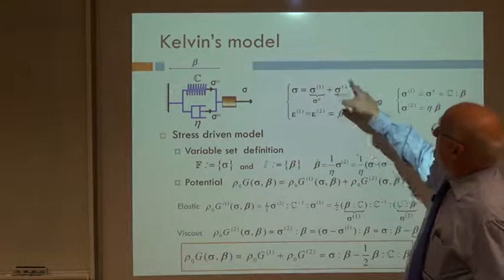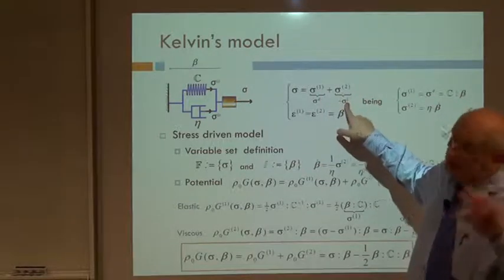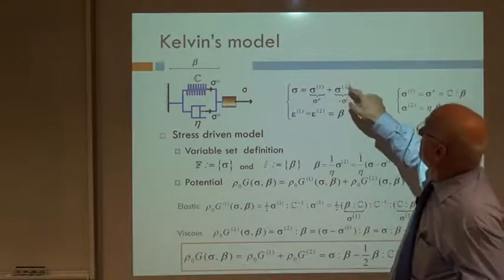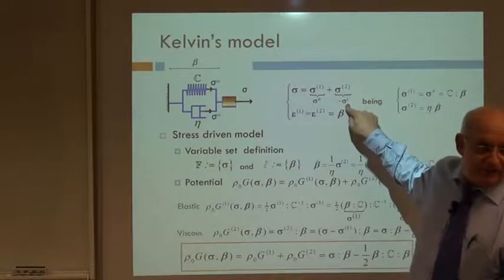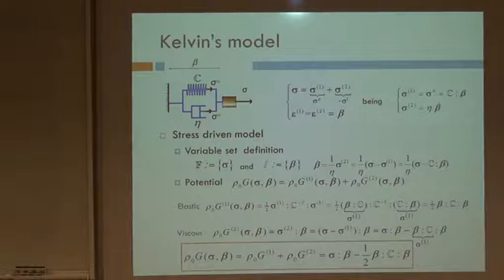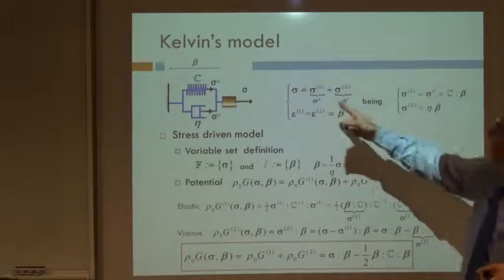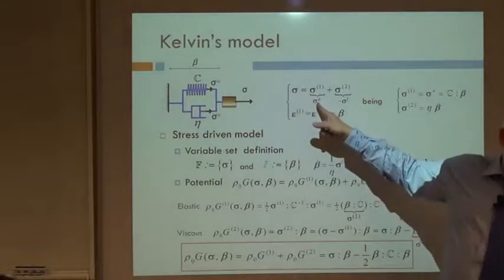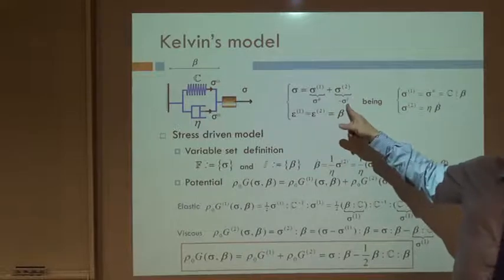And sigma 2 I define as minus the inelastic stress. So that recalls the inelastic model based on strain decomposition we have seen before. The total stress is the sum of one elastic stress minus an inelastic stress.